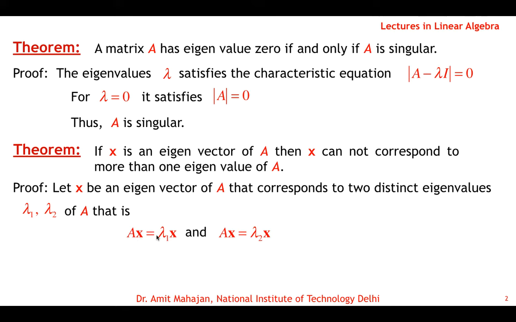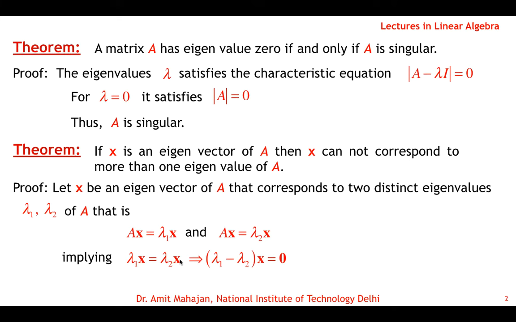So Ax = lambda 1 x means x is an eigenvector corresponding to eigenvalue lambda 1, and Ax = lambda 2 x means x is an eigenvector with eigenvalue lambda 2. Because the left-hand sides are the same, the right-hand sides must be equal, so lambda 1 x must equal lambda 2 x.